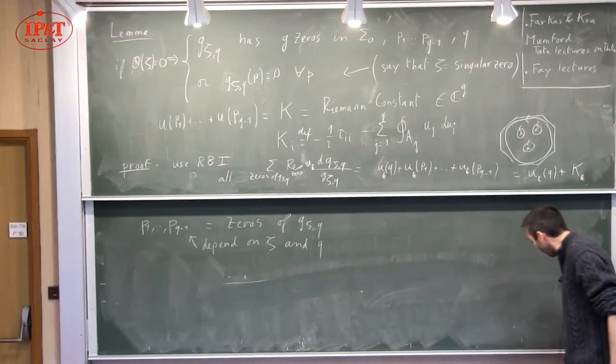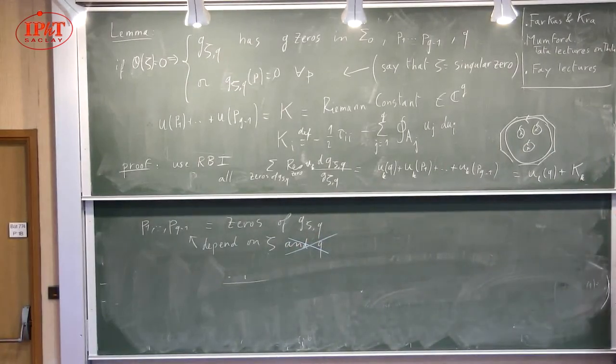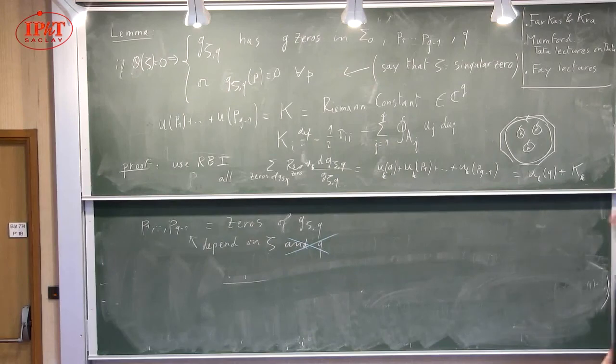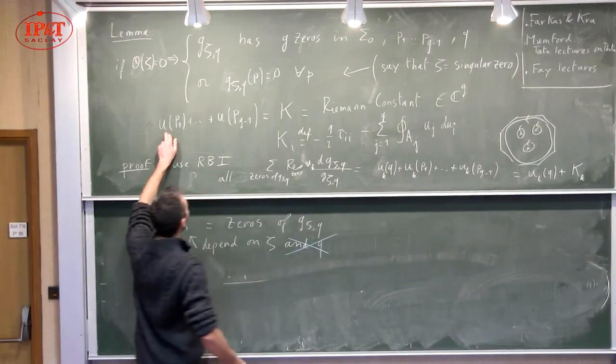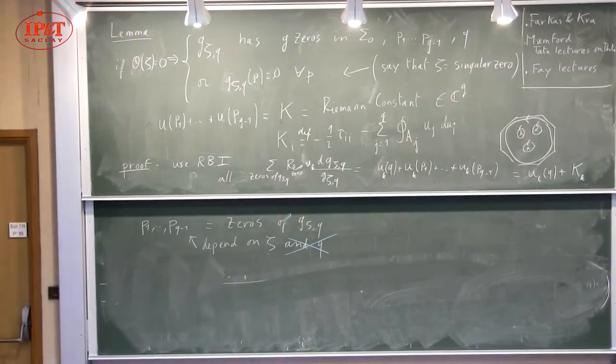The important property is that, in fact, they don't depend on q. As you see already, their Abel maps do not depend on q. You see that the sum of their Abel maps does not depend on q. That's a good sign. But now you have to prove that they do not depend on q.